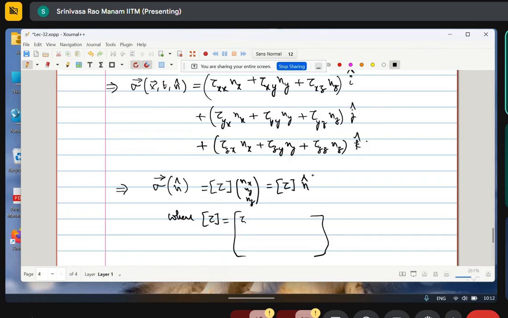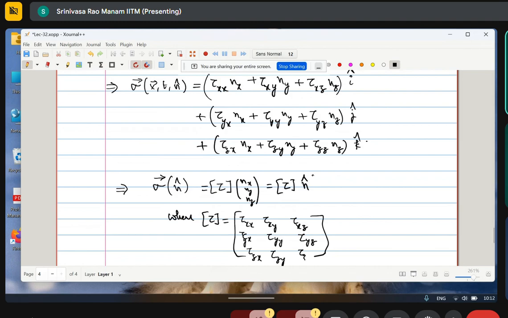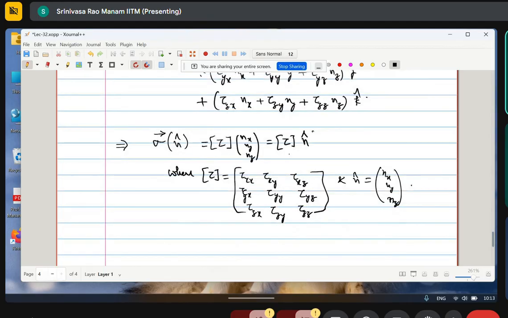So tau xx, tau xy, tau xz, tau yx, tau yy, tau yz, tau zx, tau zy, tau zz. And n cap is anyway equal to nx, ny, nz. So this is what finally you get. So this is important. Okay, so this is what we need.